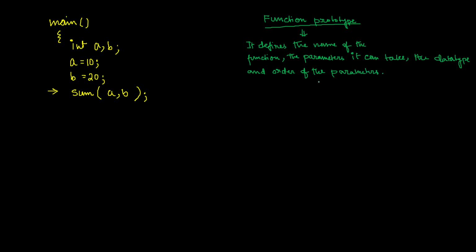So what is the strategy? The strategy is that first we write the function name. Not only this, I have many more things, that is the return type of the function.